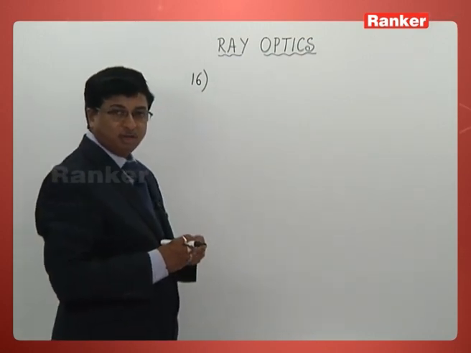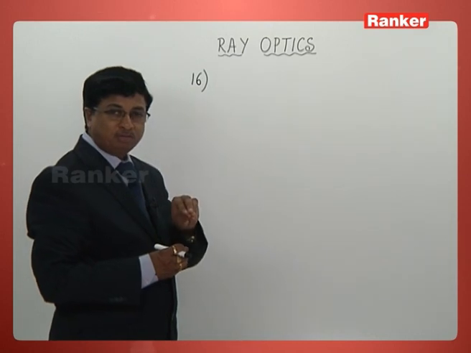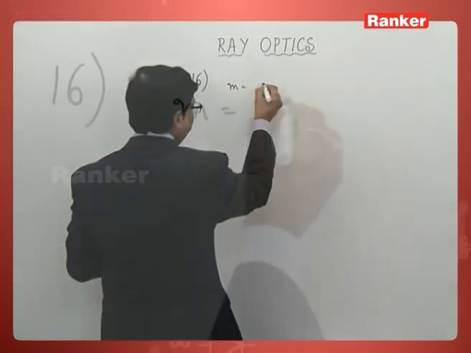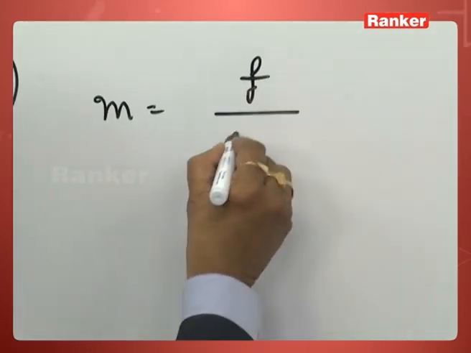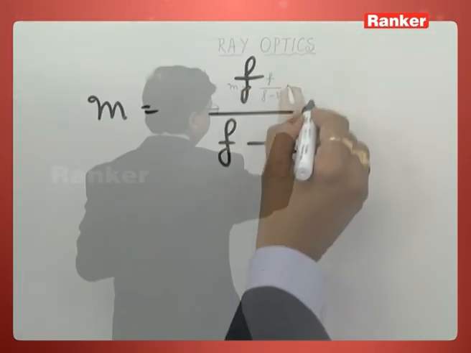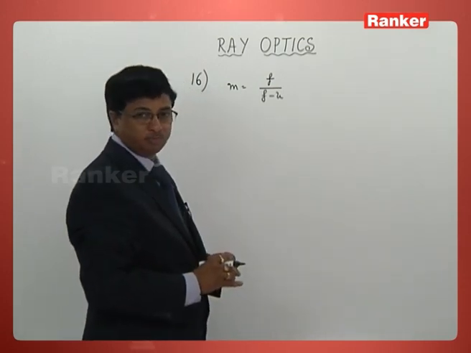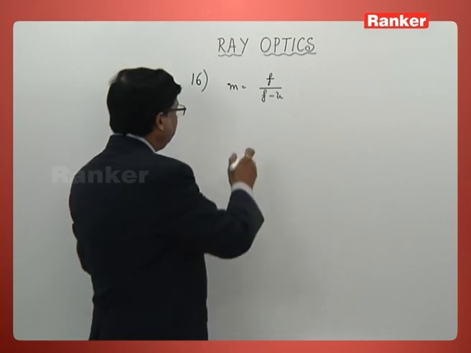This is based on a convex mirror's magnification. Magnification M is equal to F by F minus U. There is a direct formula like this which all of us know.